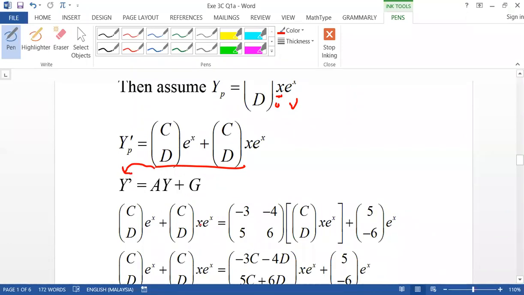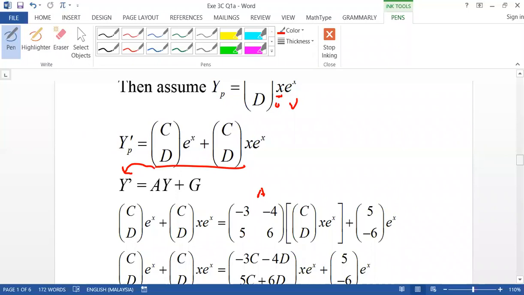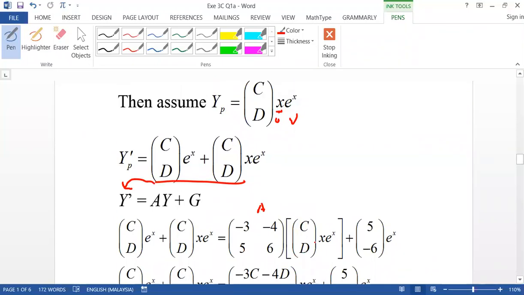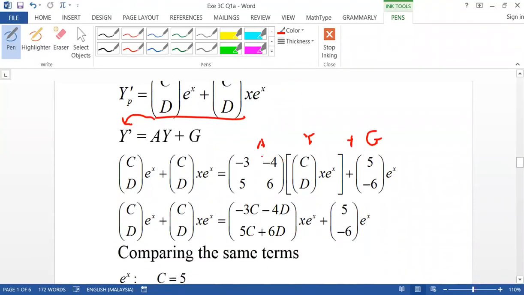CD exponent x plus CD x exponent x equals A times Y, where Y is replaced by your Yp, CD x exponent x. Remember you have AY plus G. After that you do the matrix multiplication of A and Y. A is a 2 by 2 matrix, and this is a vector 2 by 1.